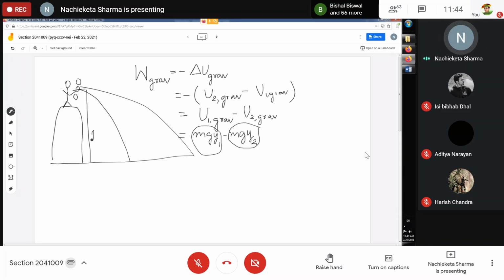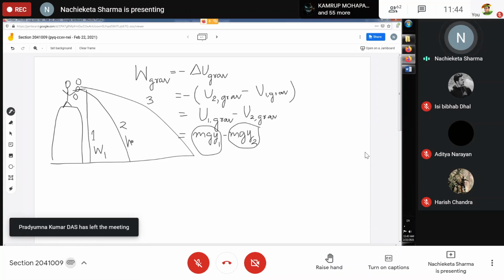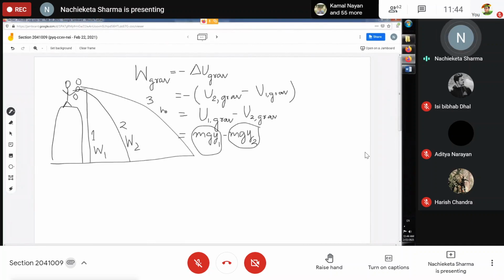This is path 1, this is path 2, and this is path 3. So for path 1, I will write W1, this is W2, and this is W3. Now, can you say which quantity is bigger, W1, W2, or W3? All are the work done by the gravitational force.